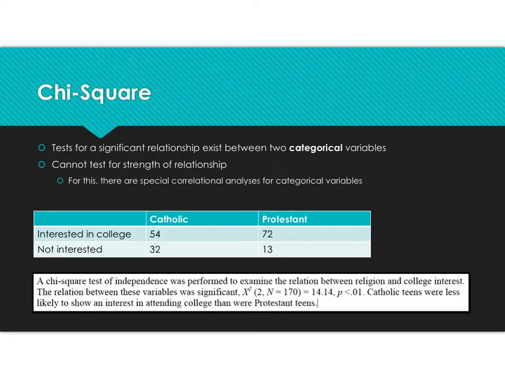So the chi-square would test to see if the differences between those four boxes was significant. And in this example, it was significant. And it was significant in the sense that Catholic teens were less likely to show an interest in attending college than Protestant teens. I didn't make up this example, by the way. I stole it. It's a strange example, but gets the point across.